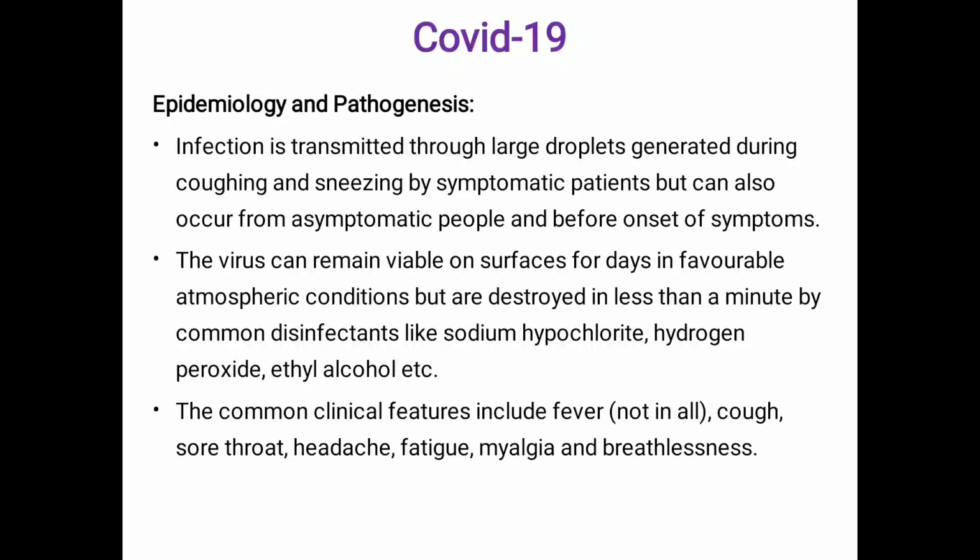The first step is to ensure adequate isolation to prevent transmission to other contacts, patients as well as healthcare workers. So whenever symptoms are shown by a particular person, he must be isolated from other people to prevent the transmission.